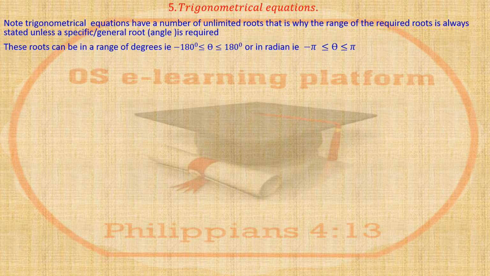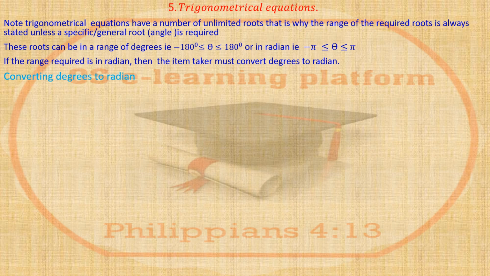Or in radians, negative pi less or equal to theta less or equal to pi. Meaning a student should be in position to know how to convert from degrees to radians and also from radians to degrees. So if the required range is in radians, then the item taker must convert degrees to radians.